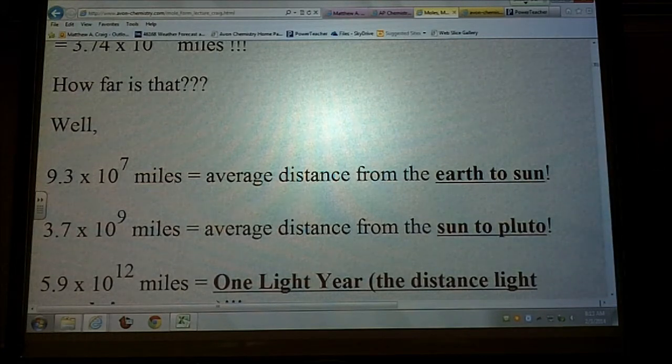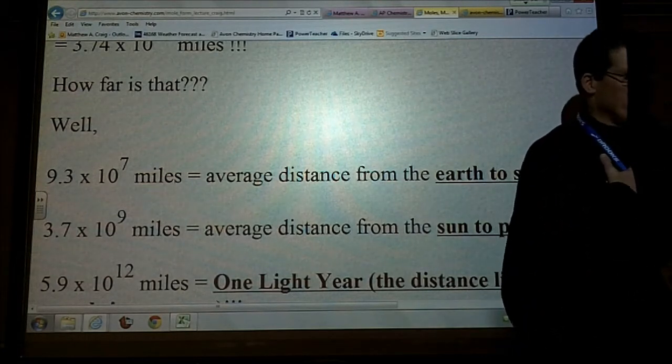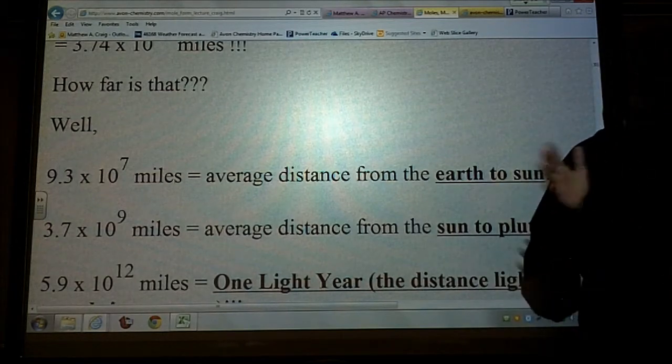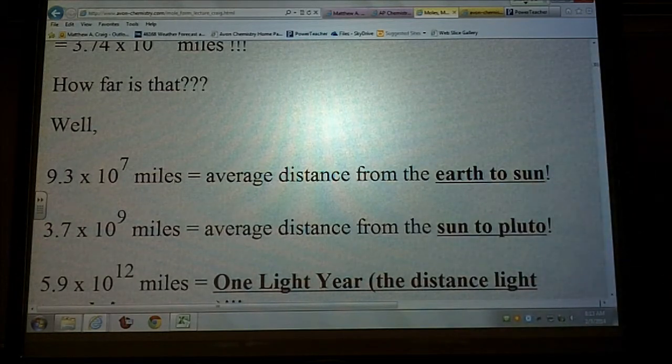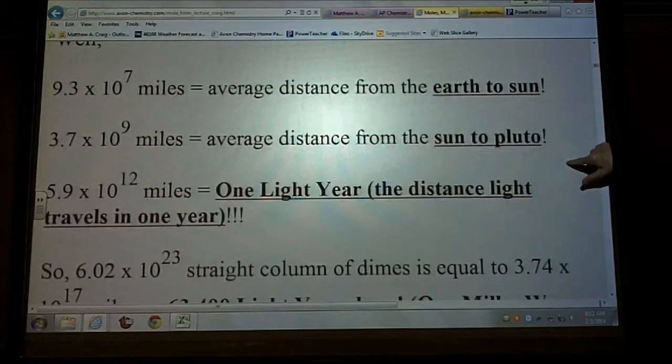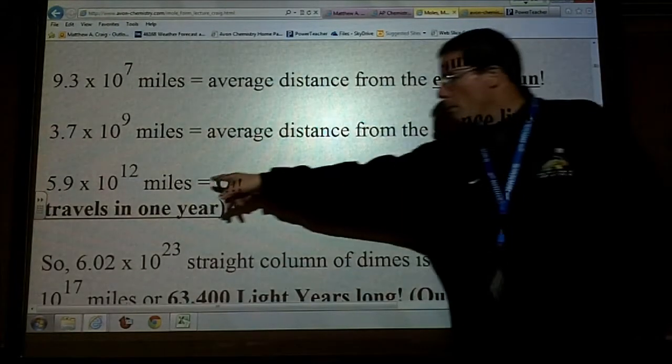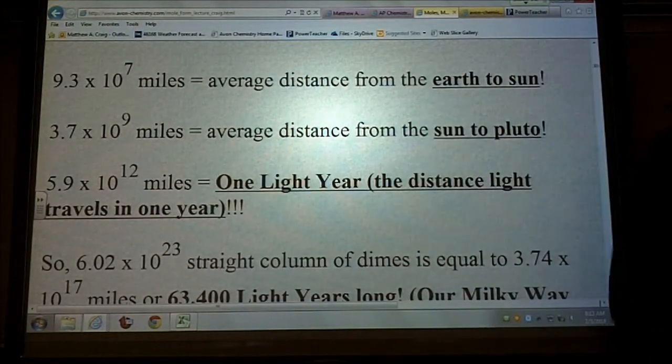Now again, this is hard for me to visualize. If I can't walk it, run it, drive it, these numbers don't mean anything to me. 5.9 times 10 to the 12 miles is the distance that light travels in 1 year.